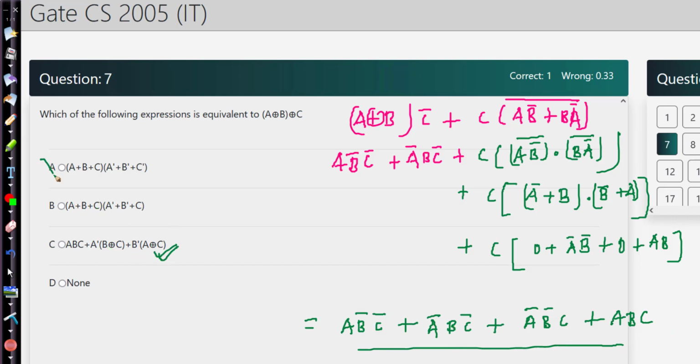Obviously A is not the answer, even B cannot be the answer, because by using the Bth option I'm never going to get ABC. So even this cannot be the answer. C or D is going to be our prospective candidates.